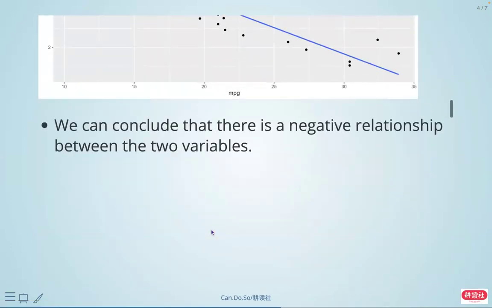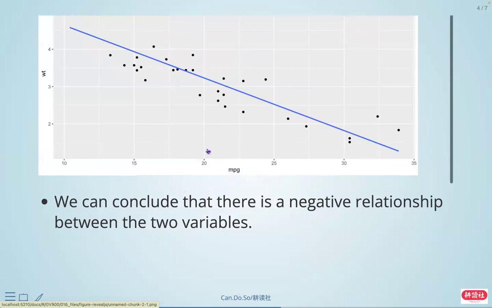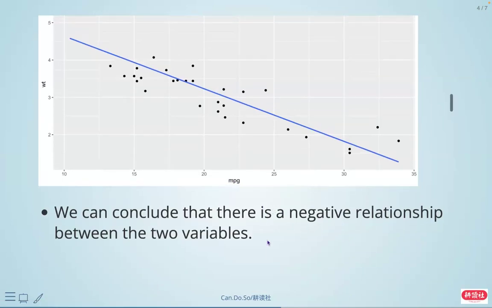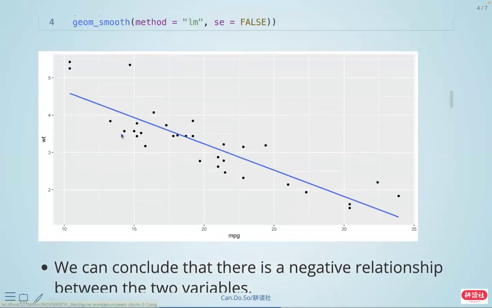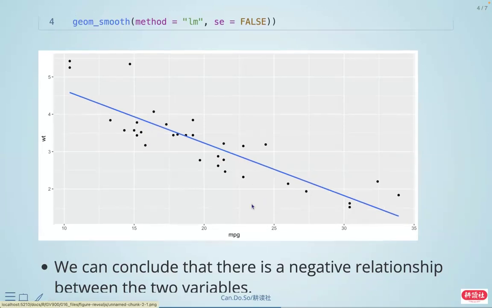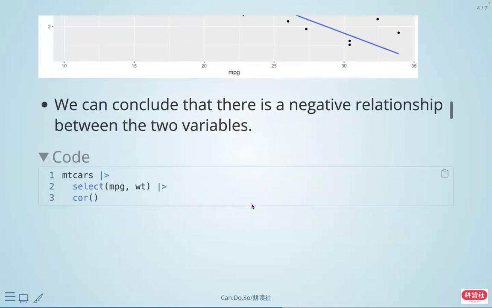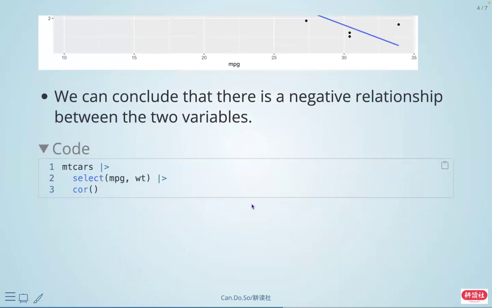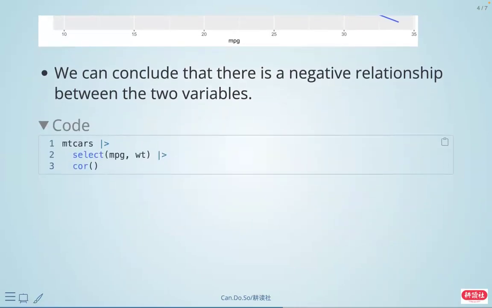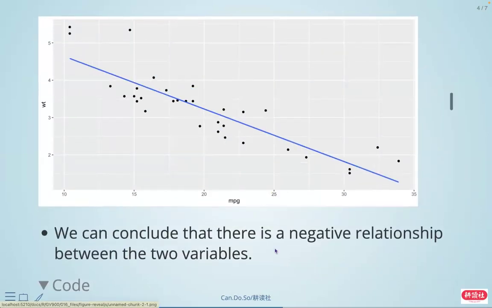We can see that mpg, miles per gallon, and weight have a negative relationship. And because the dots are quite close to the line, we can say that the relationship is strong. It's negatively strong.